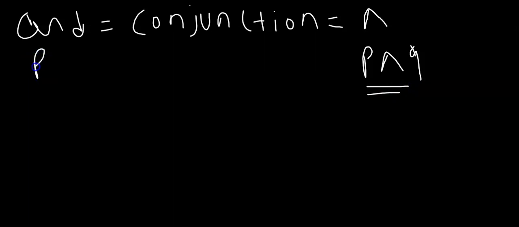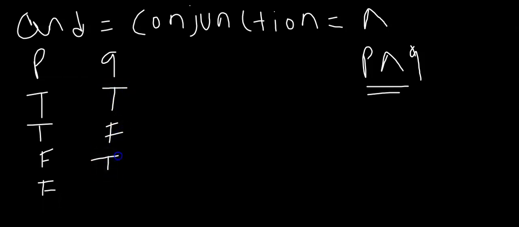Okay, if P is true, true, false, false, and if we got Q that is true, false, true, and false, now we have to find P and Q, or P conjunction Q. P conjunction Q, or P and Q, will be true if it is true and true.